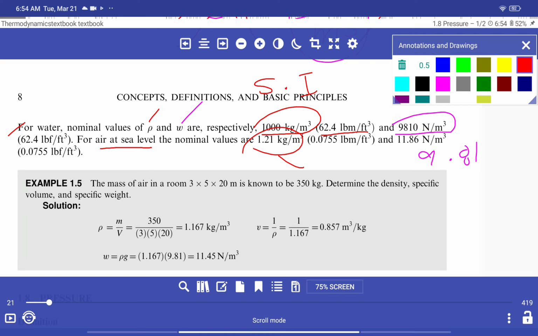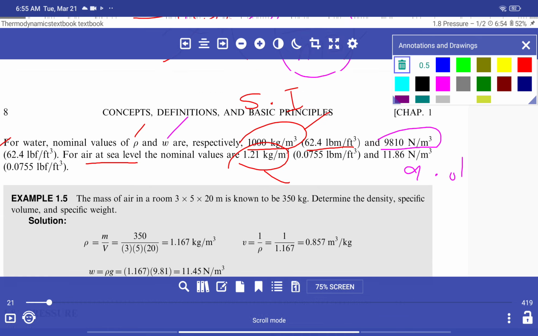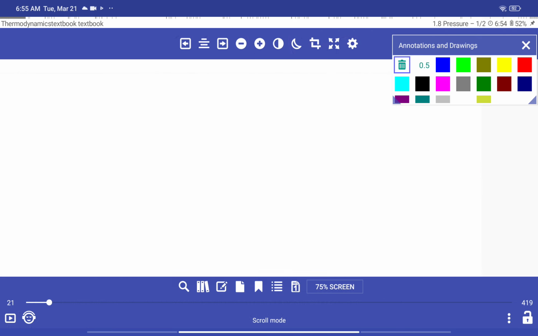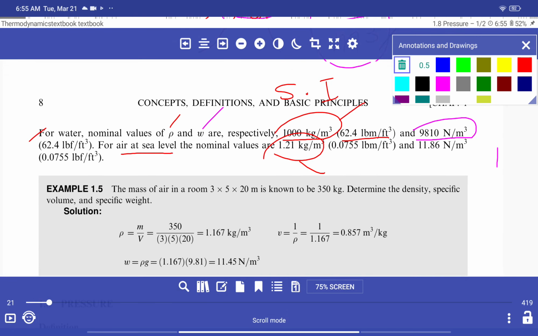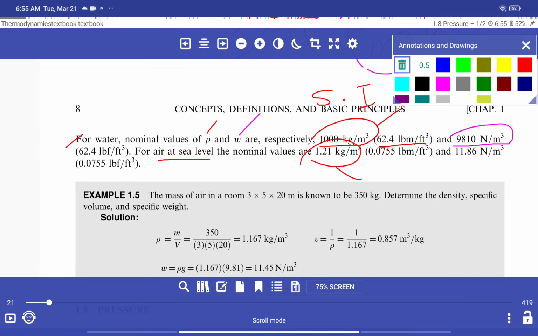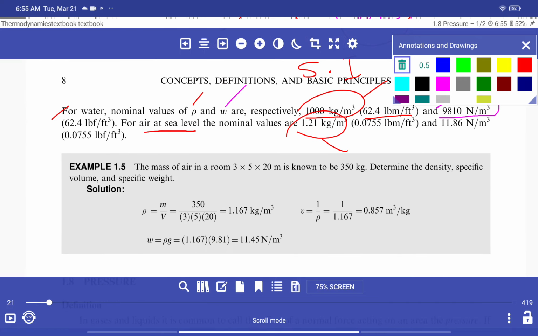Like pumps, you can use the density of water if you're looking for the power of the pump. If you're dealing with a fan, you will be using this density of air, right? So for now, just be satisfied with that and keep learning and memorizing it. Store it in your mind.